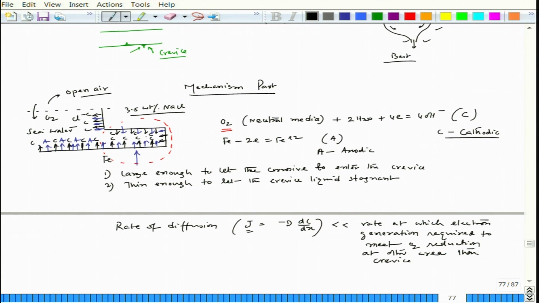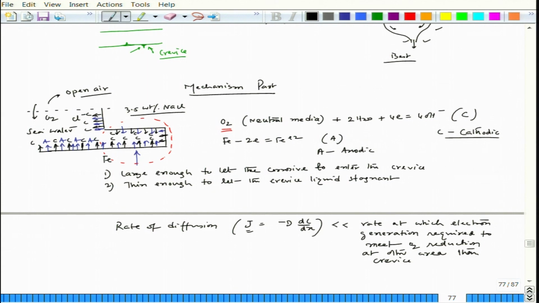And interestingly, though oxygen has depleted in this crevice, the rest of that metallic component has the same oxygen level. So, oxygen reduction will go on in the rest of the part; everywhere the cathodic reaction is taking place, so everywhere would now become cathode.